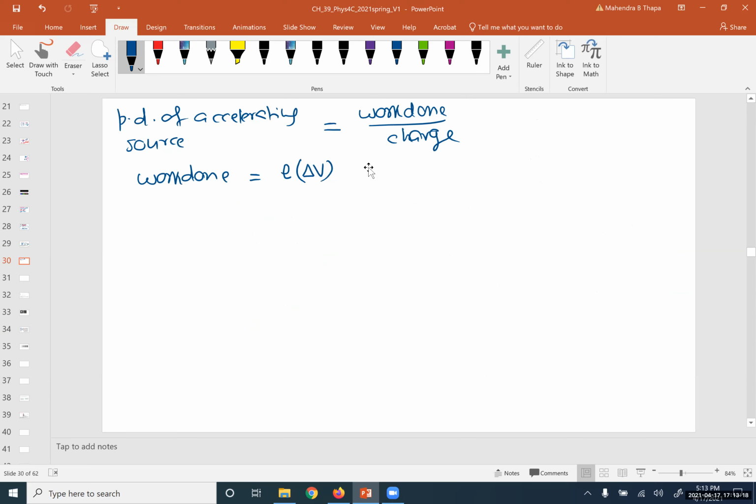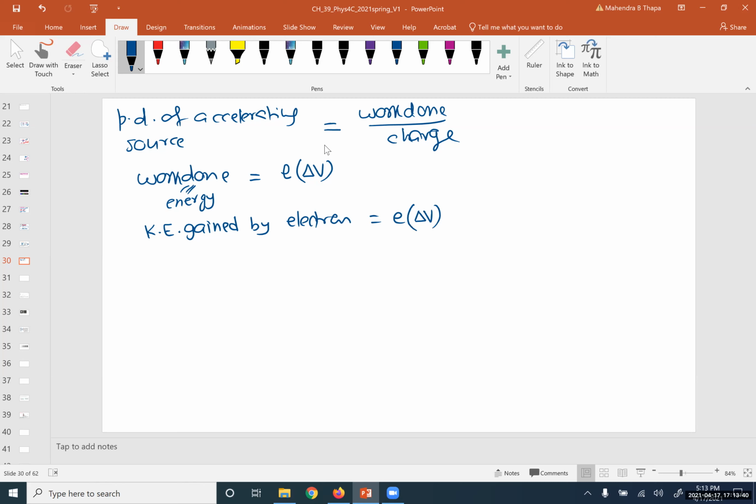This work done is basically energy, so the electron has kinetic energy gained equals e times delta V.